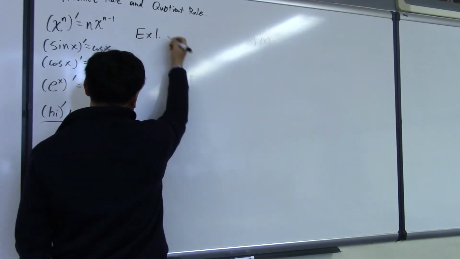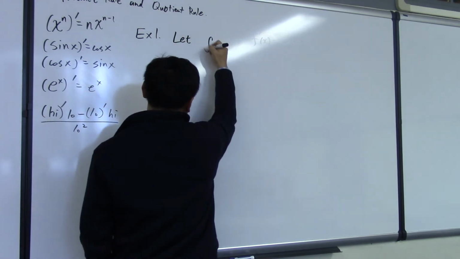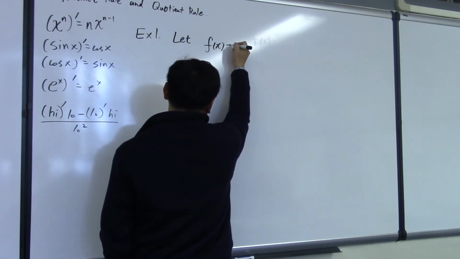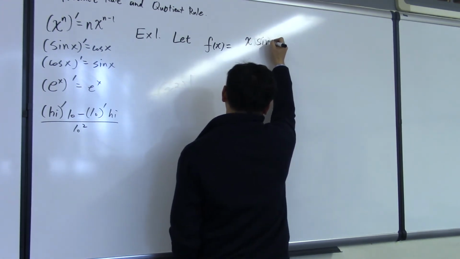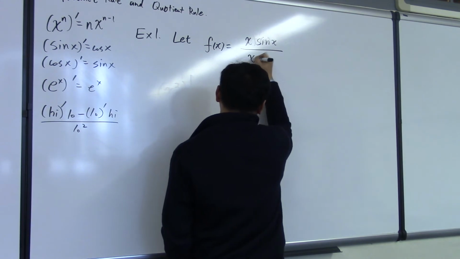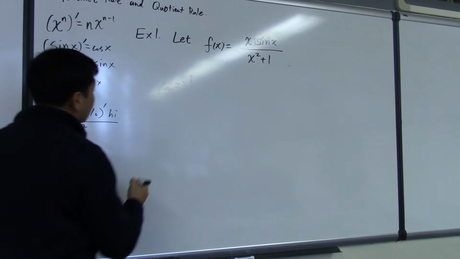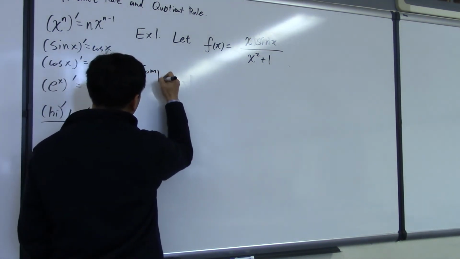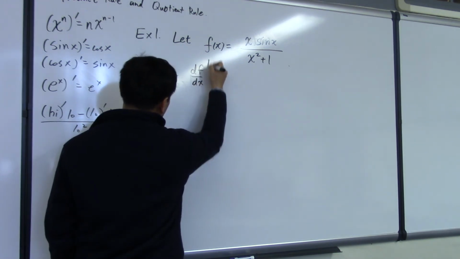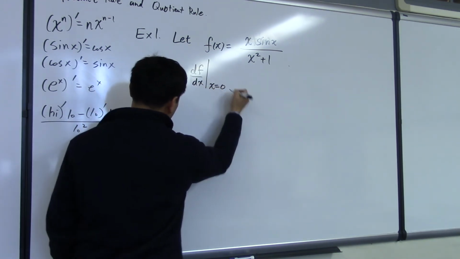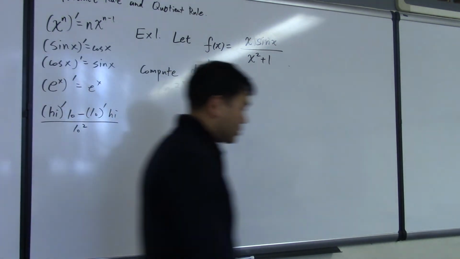Example 1, let f of x equal to x times sine x over x squared plus 1. Compute df dx evaluated at x equals 10. So let's try to solve this.